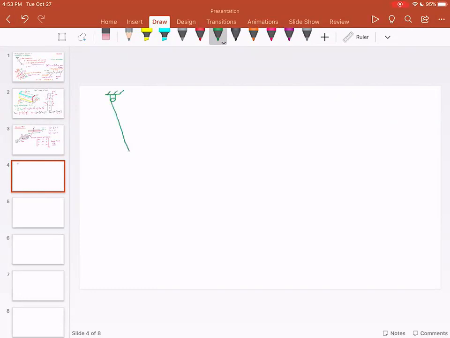Instead of a pendulum where I had mass at one end and the rod was massless, now I have this distributed mass M, and I'm going to give the length of this rod as L.